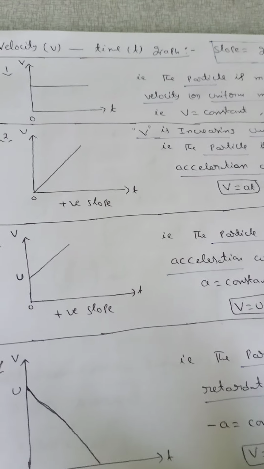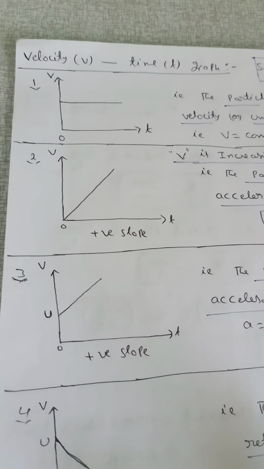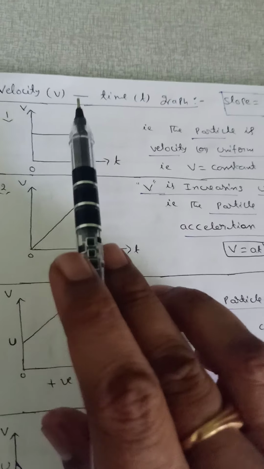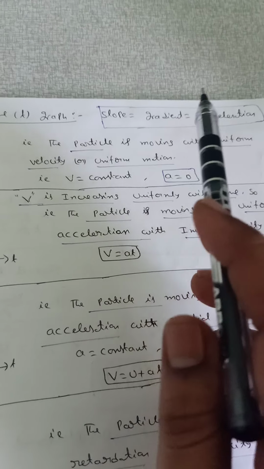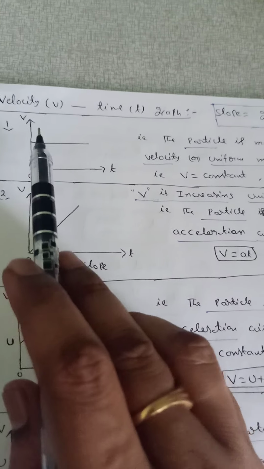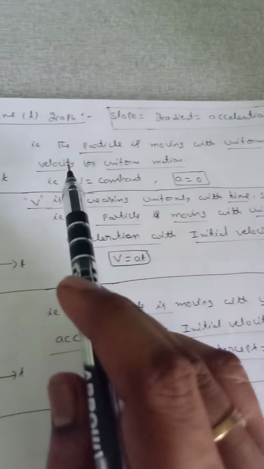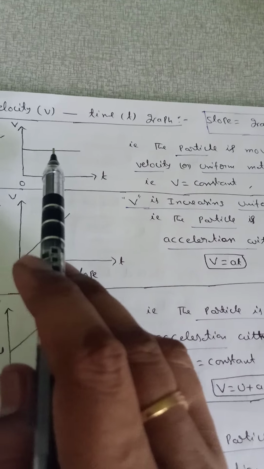Now today's class is a continuation of the last class: the velocity-time graph has four cases. In the velocity-time graph, slope or gradient means acceleration, gradient means dv by dt. The first case: this graph shows the particle is moving with uniform velocity or uniform motion.